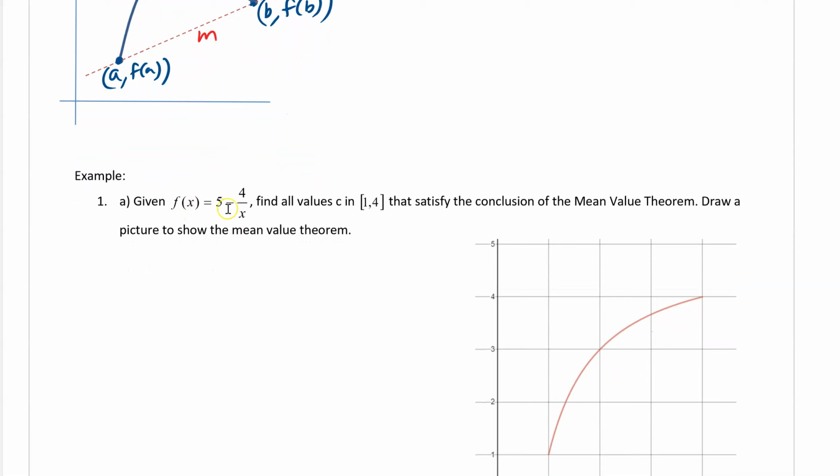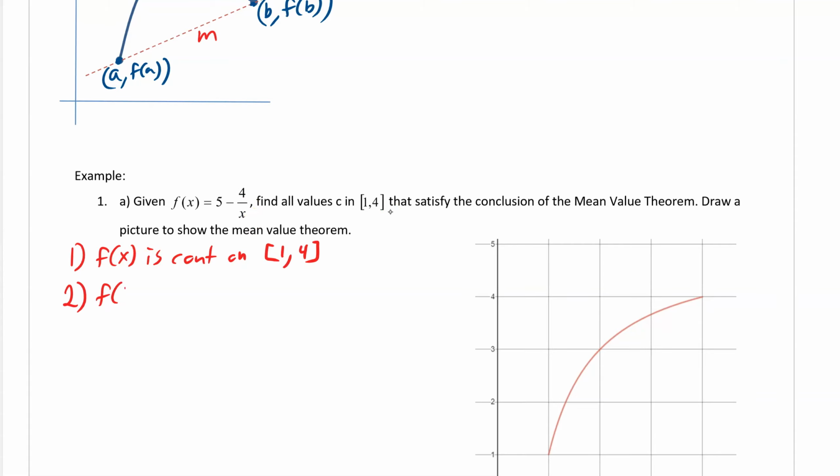So we have this function, and yes, it's discontinuous at 0, but that is not within our interval. So part number 1, our function f of x is continuous on 1 comma 4, because remember, it's a rational function, and rational functions are continuous at every point where they are defined. It's just not defined at 0. So it is continuous on 1, 4. Check.